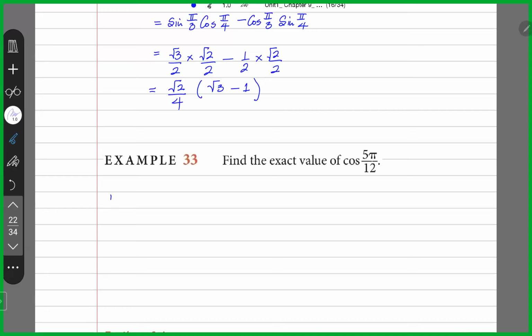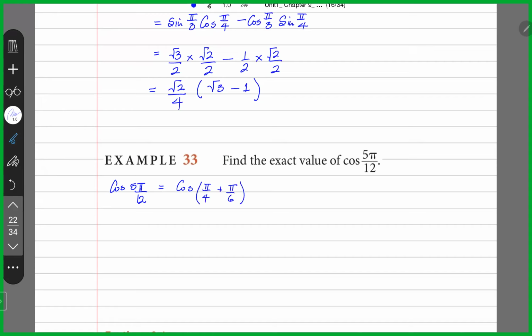So the cosine of 5 pi by 12 is the same as saying the cosine of pi by 4 plus pi by 6.